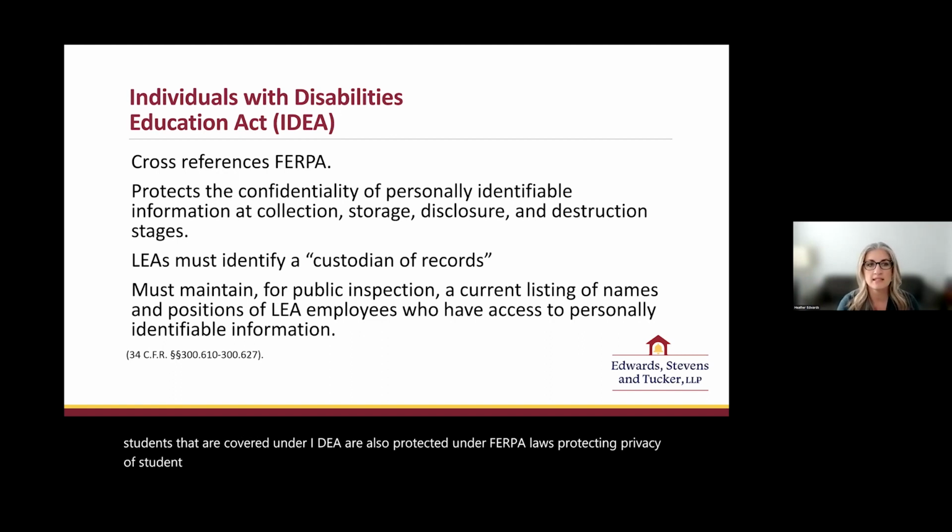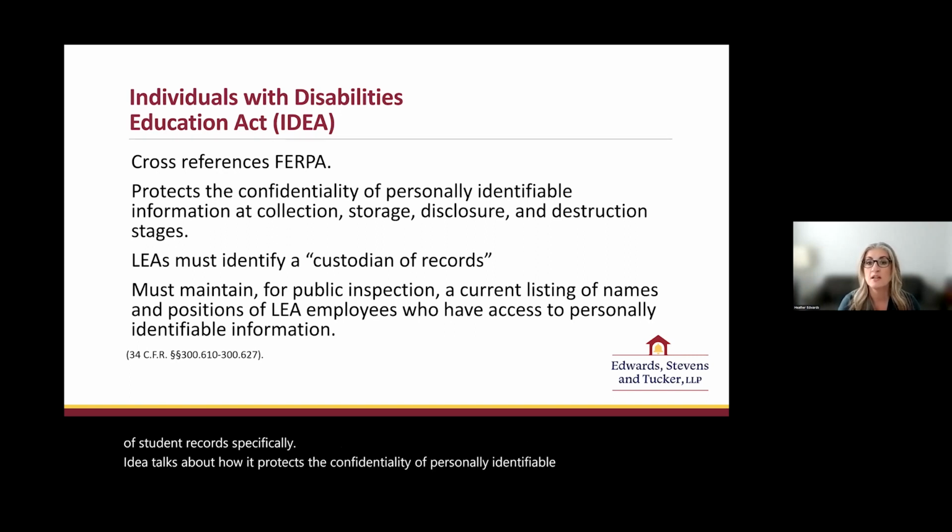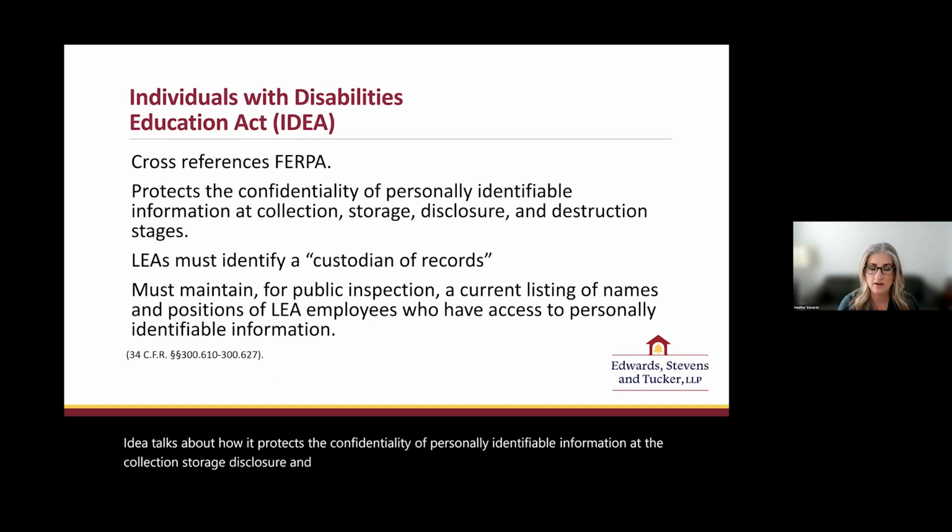Specifically, IDEA talks about how it protects the confidentiality of personally identifiable information at the collection, storage, disclosure, and destruction stages of student records. IDEA also talks about how there must be a custodian of records that is identified for each local educational agency.